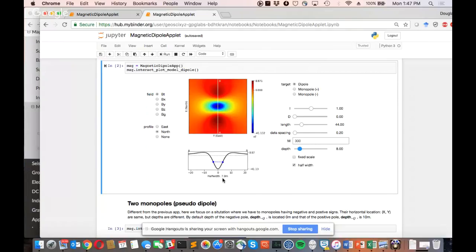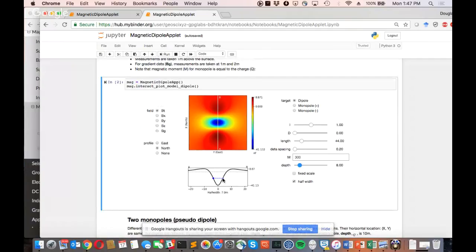The other thing that I want to stress here and have you play around with is data spacing. What this number here tells you is how frequently you're taking data. So this is sampling every 0.2 meters, but it's always going to cost you money to take data, so you might want to sample less.